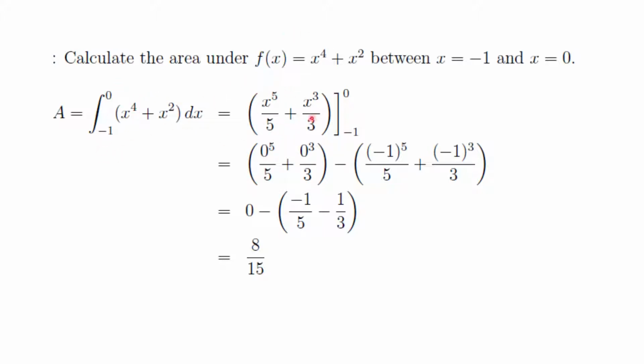First step, you integrate the function. x to the 4 becomes x to the 5 over 5, x squared is x cubed over 3, between -1 and 0. So you substitute 0, the upper limit, into the integrated function, take away, substitute -1, the lower limit, into the function, and your end result will be 8 over 15. Unit square, of course.